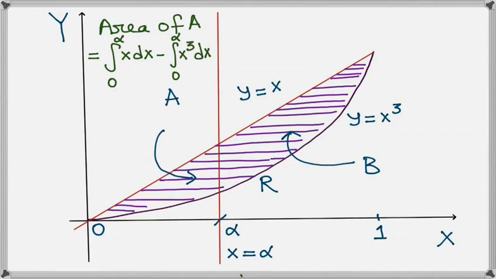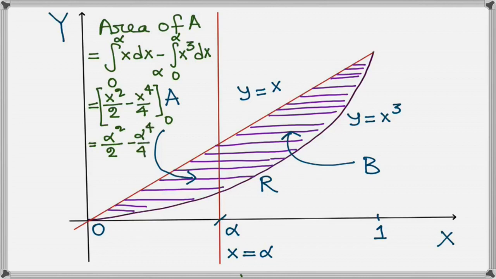After integrating, we obtain x square divided by 2 minus x to the power 4 divided by 4 and we have to evaluate this from 0 to alpha and finally we get alpha square divided by 2 minus alpha to the power 4 divided by 4. Next, we will compute the area of the region B and there the limiting value will be from alpha to 1. So, we do that now.